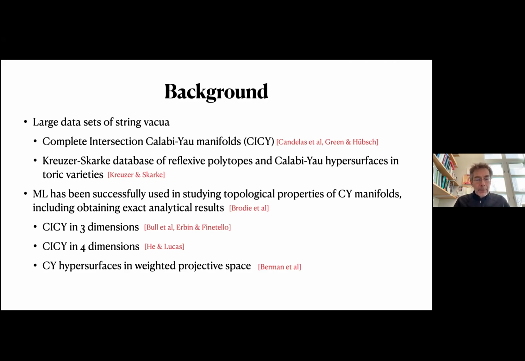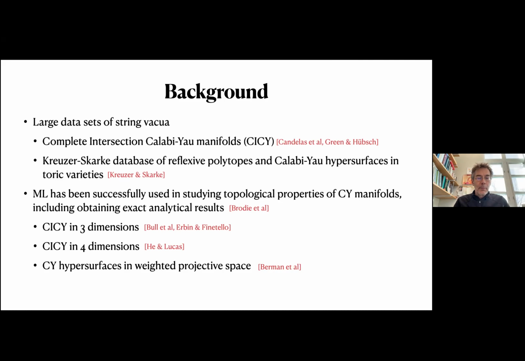Now, some of the earlier work on using these databases goes back to the work by Berglund et al., and then that was refined by Urban and Finatello on the Calabi-Yaus realized as complete intersections in 3 dimensions. So these are 3-dimensional Calabi-Yaus.